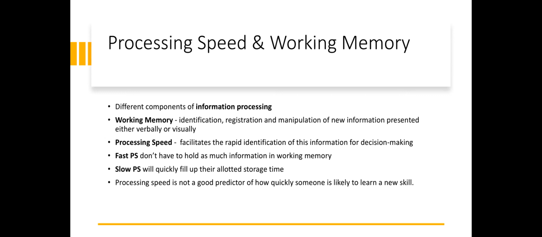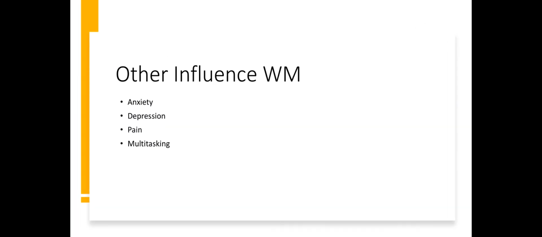So processing speed isn't actually a good predictor of how quickly somebody is likely to learn something. This is more to do with our working memory. Now, working memory has a huge impact on academic performance. So we have talked a little bit about other influences on our working memory: our level of anxiety, our level of depression.